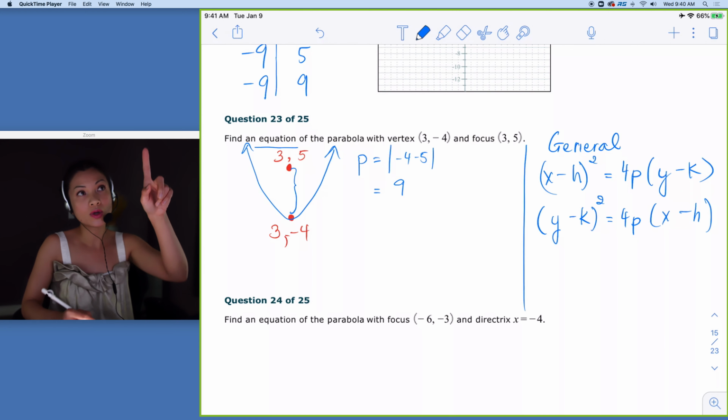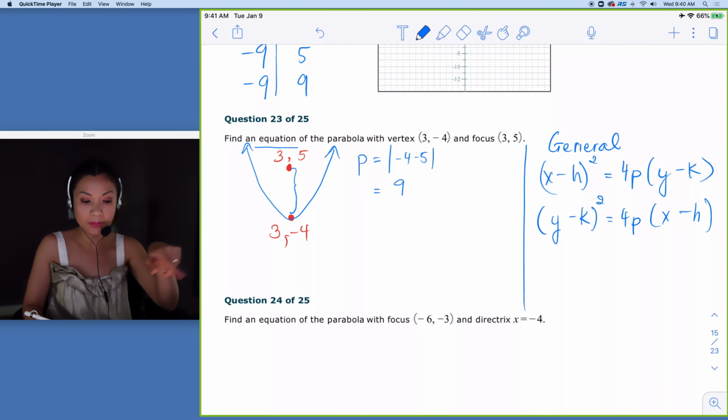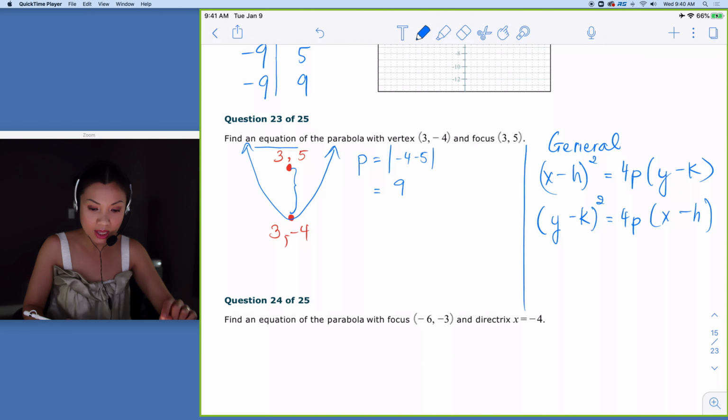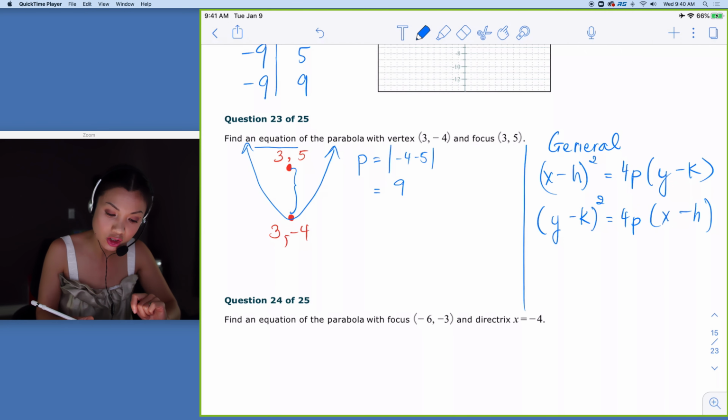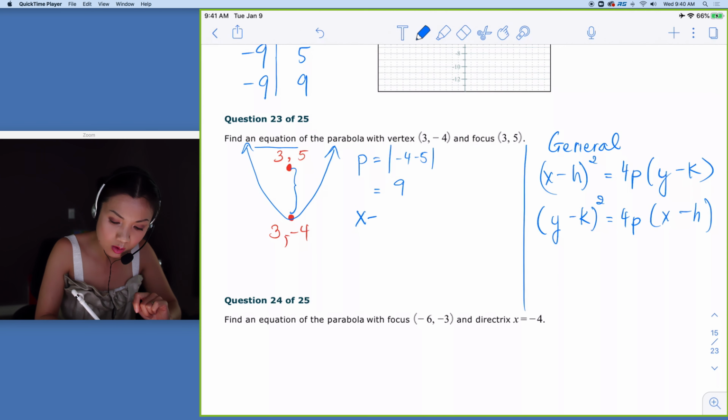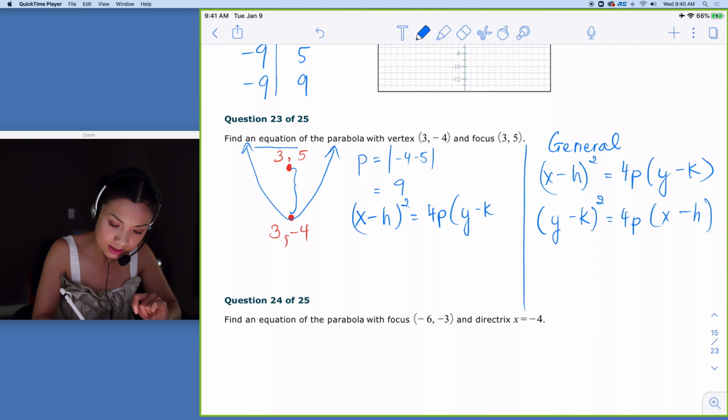Okay, so going back to our problem, you see that we have the typical one, which is the up and down one. So I know that it's going to be the first one. So it's going to be x minus h squared equals 4p times y minus k.